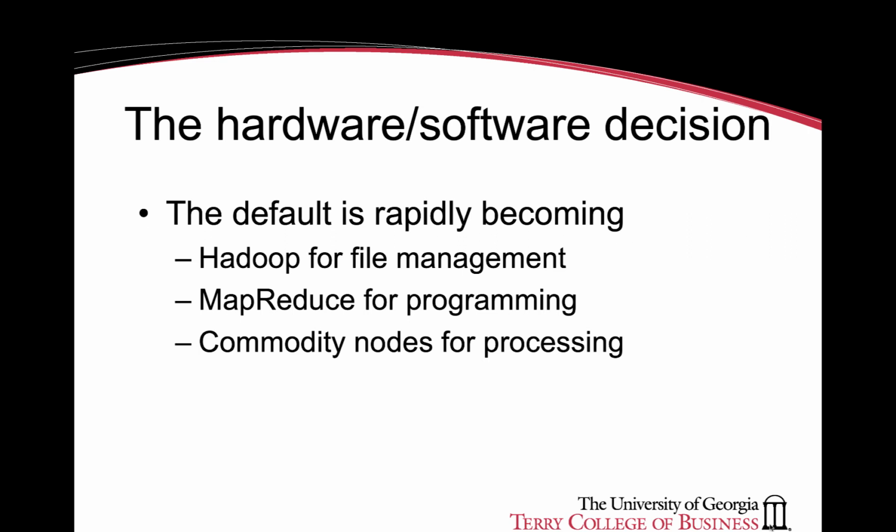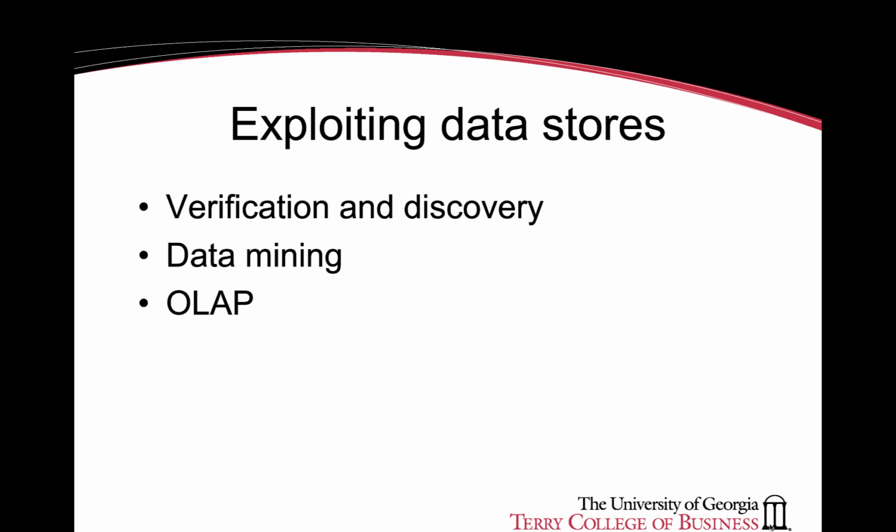The default is rapidly becoming Hadoop for the management of files and records, MapReduce for the analytics on top of the Hadoop file management system, and finally, commodity nodes or simple workstations are being used for the processing of the data.